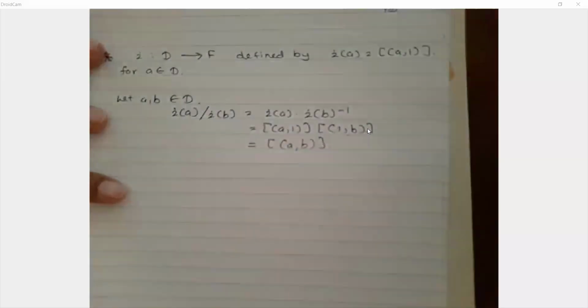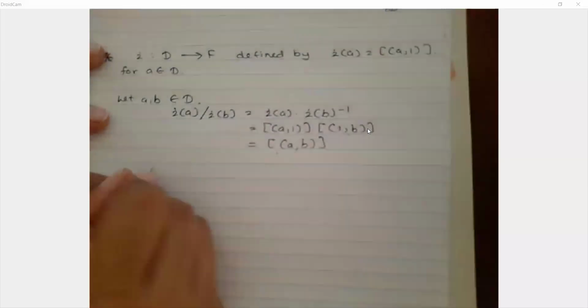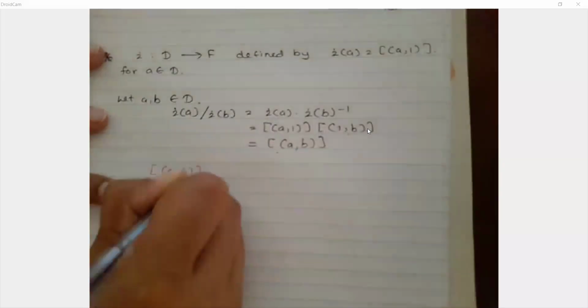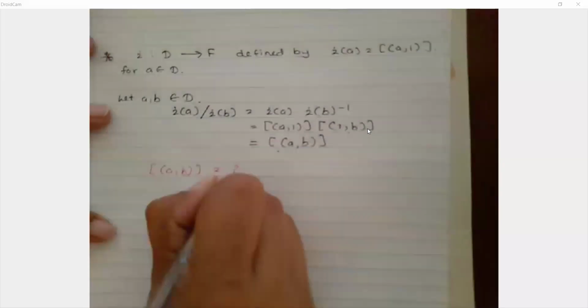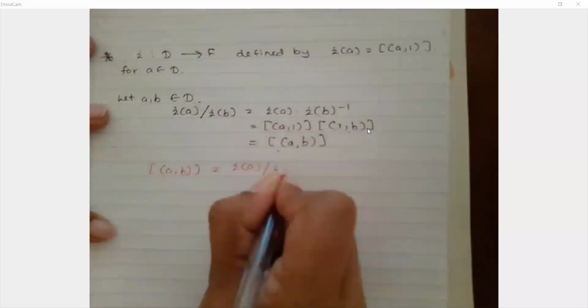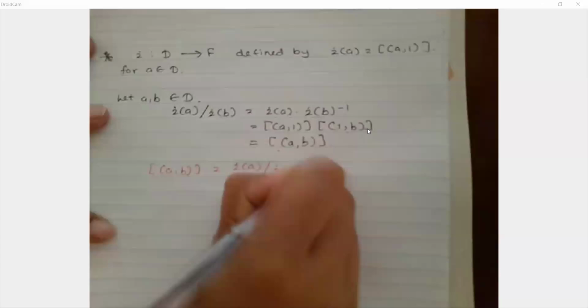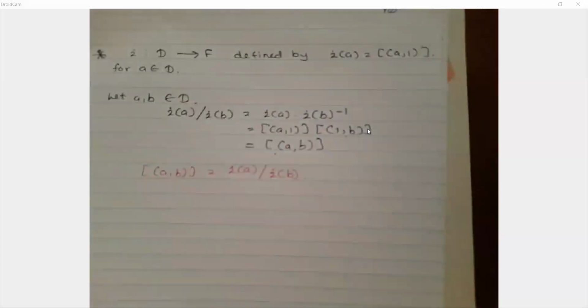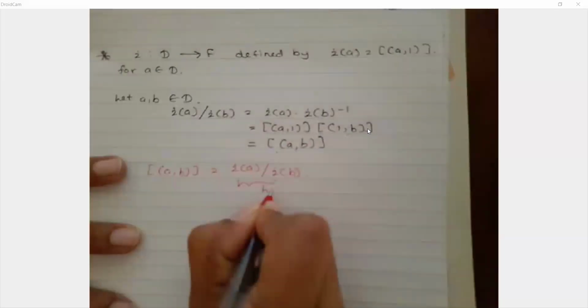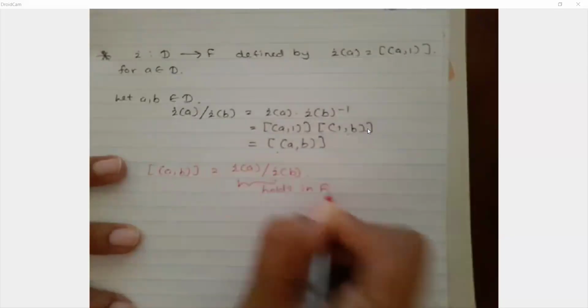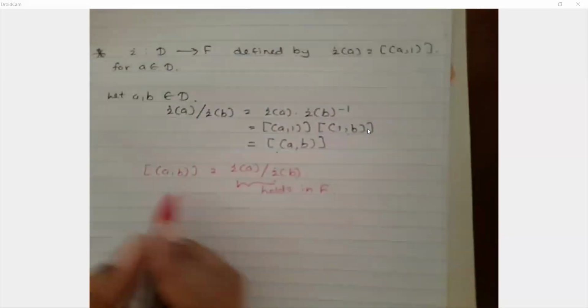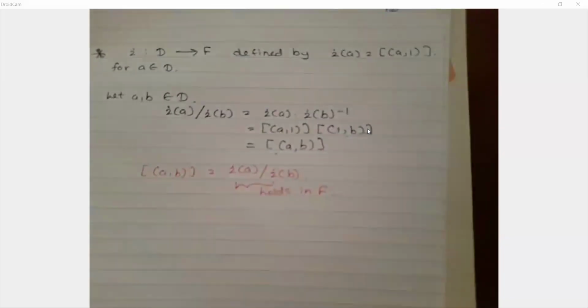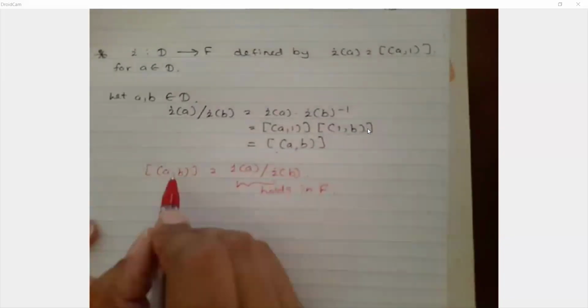So now you see, this is an element in F. An element in F can be seen as this quotient I of A over I of B. So all elements in F are represented as these quotients, quotients of elements of the form I of A over I of B. So this property holds in F. This is any element in F. And B has to be non-zero in this case anyway.